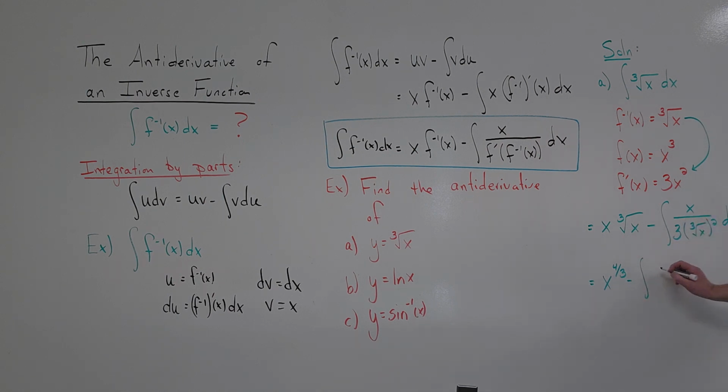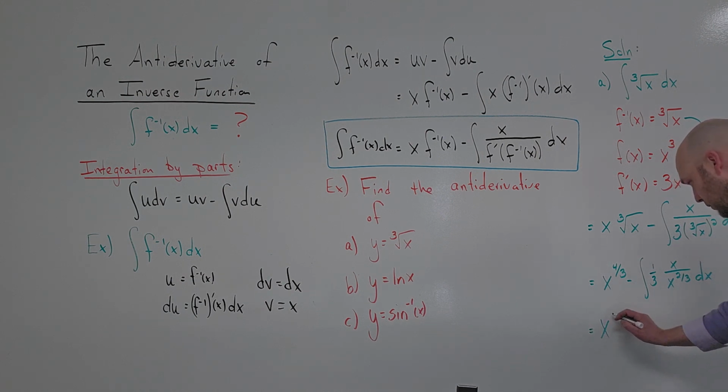Well, that 1/3 I can leave as a coefficient, and then I've got x over the cube root of x squared, which is x to the 2/3, and then dx. So I've got x to the 4/3. That 1/3 I can bring outside the integral. And then x divided by x to the 2/3 would be x to the 1/3 dx.